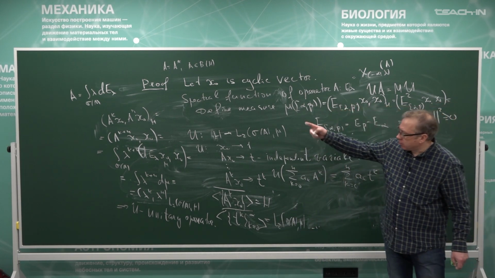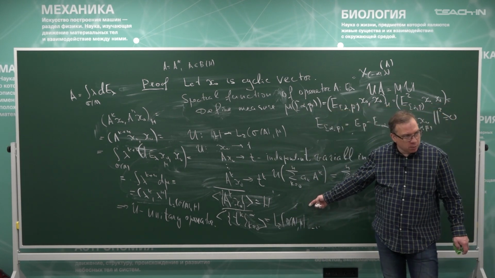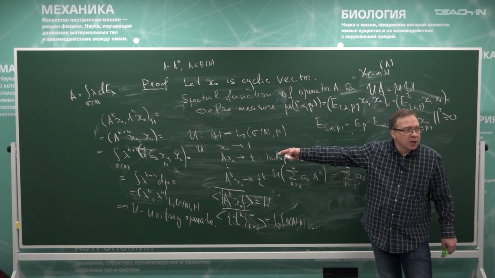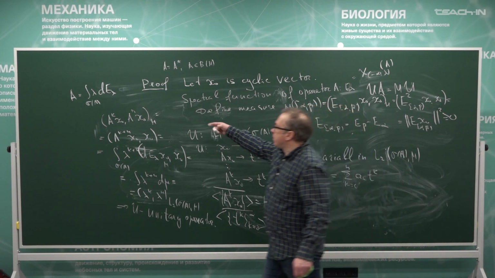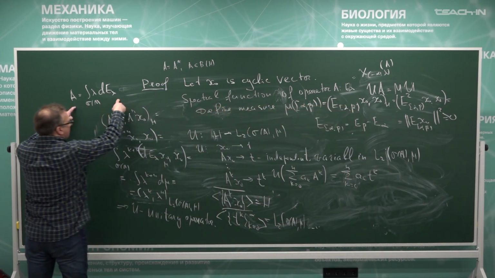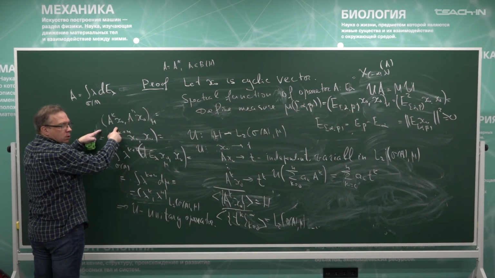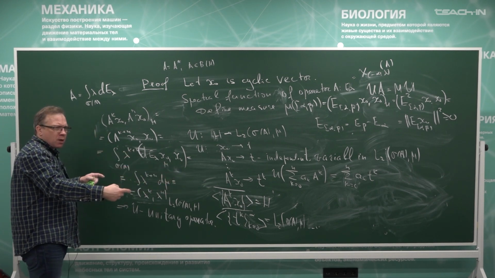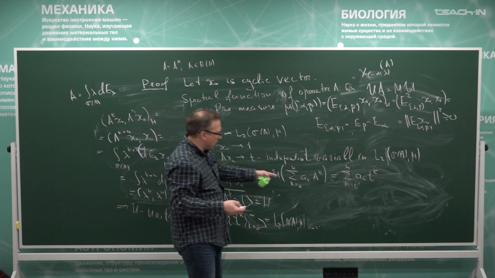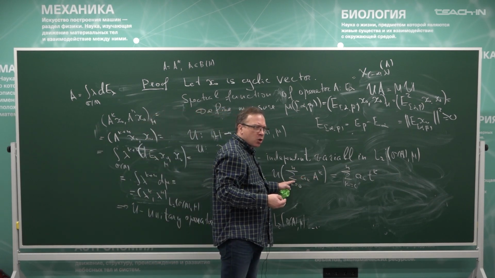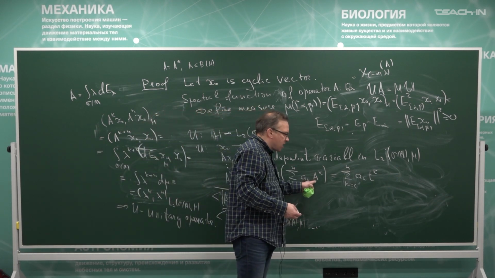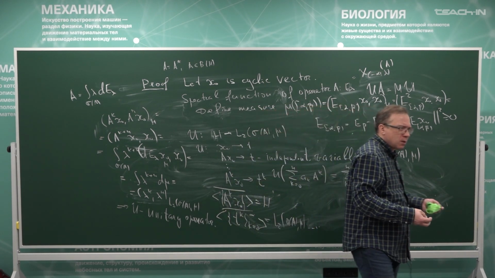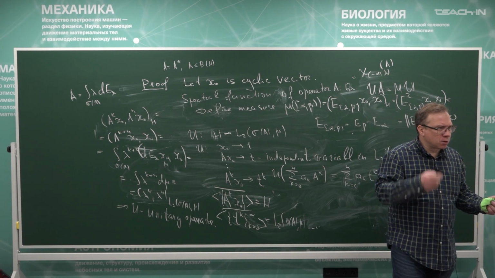We constructed this isomorphism and checked that it is unitary only on powers. But of course, it will be a unitary operator on linear combinations, and since this is a dense set, it will be a unitary operator on the whole space. It preserves scalar products.